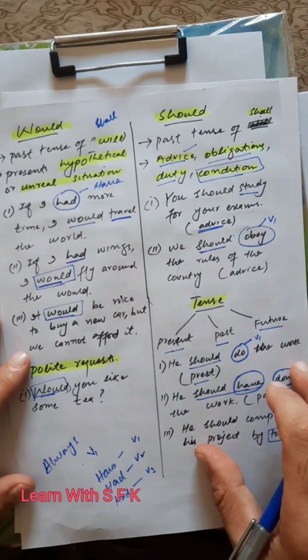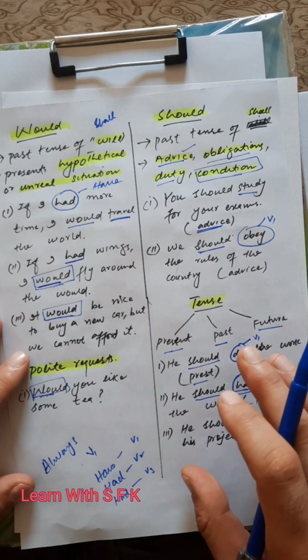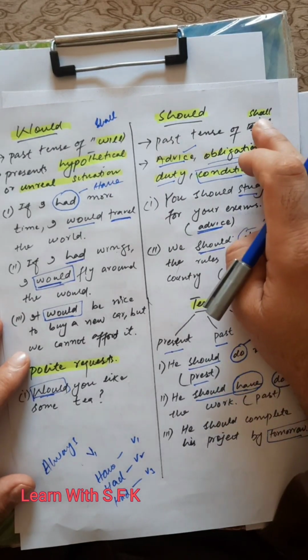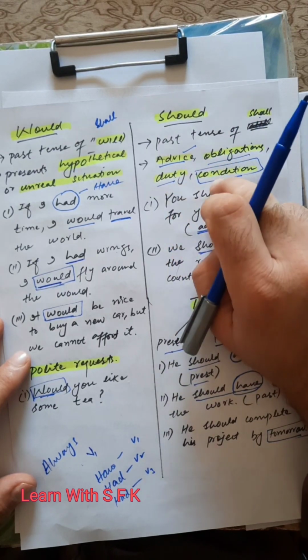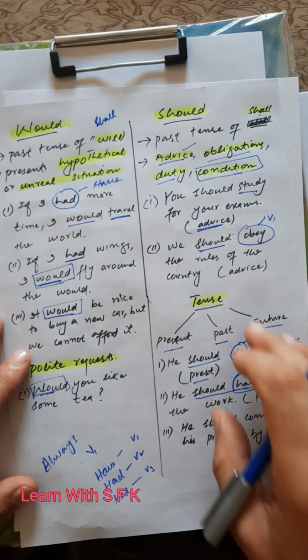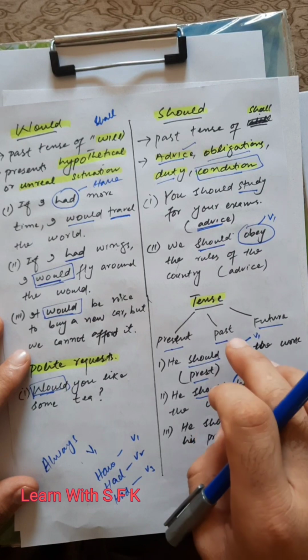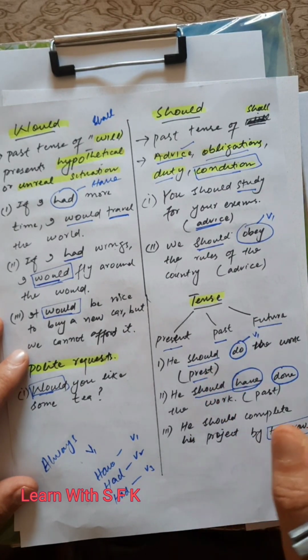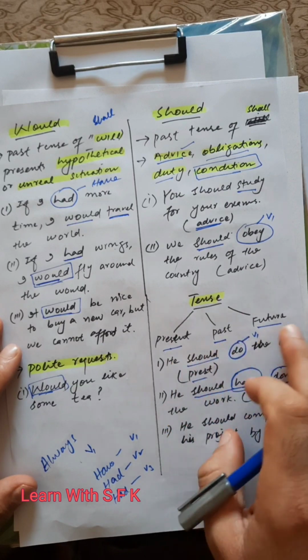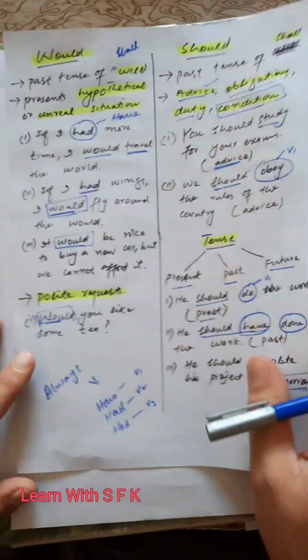Then we explained that should is the past tense of shall, and we also use it for advice, obligations, duties, or conditions. And we explained that we can also use should in all three cases: present tense, past tense, and future tense.